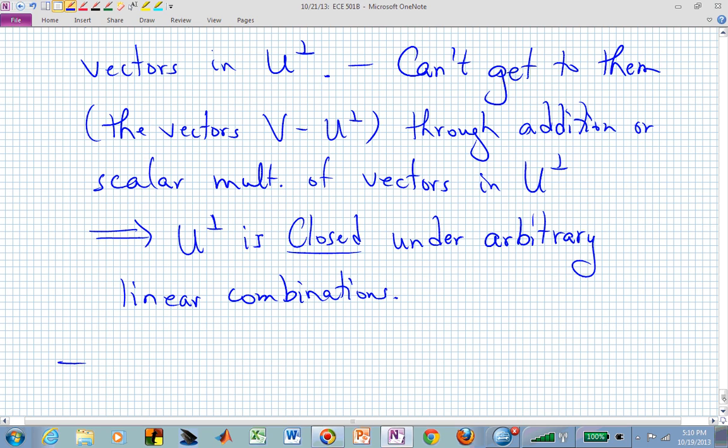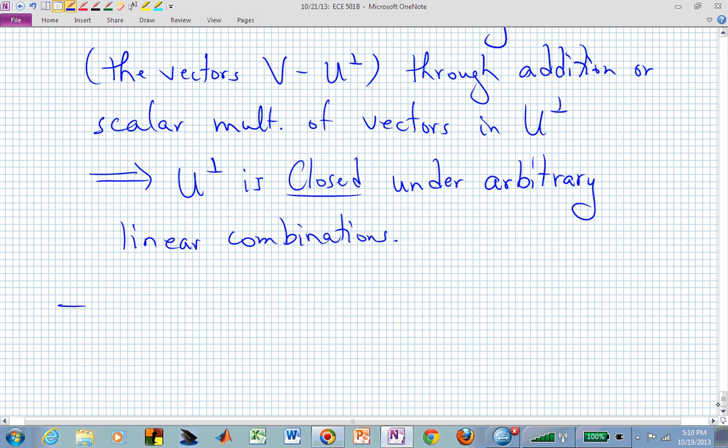Also, not only is it closed under linear combinations, but the zero vector, by definition, is perpendicular to everything. We talked about that when we were discussing our inner products.